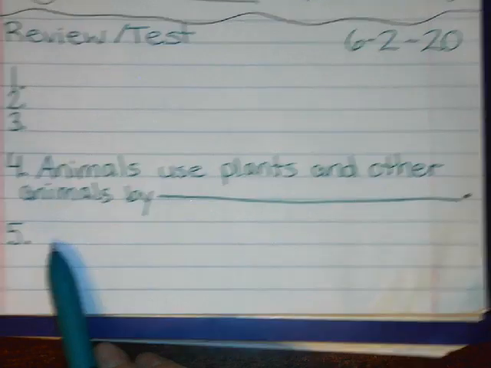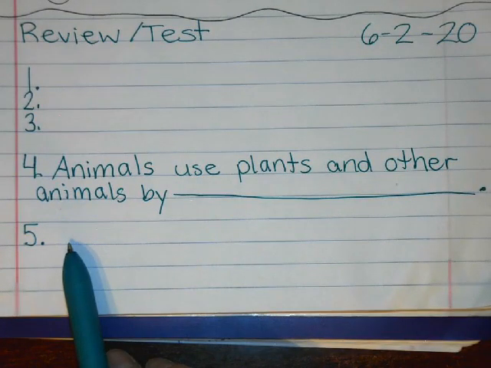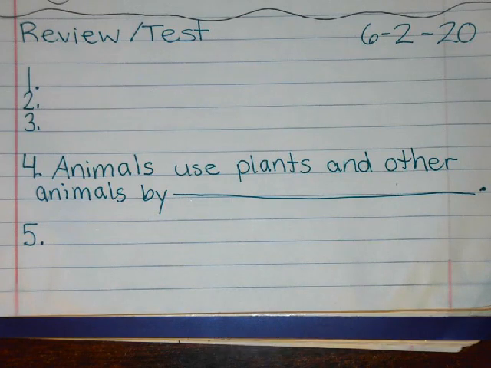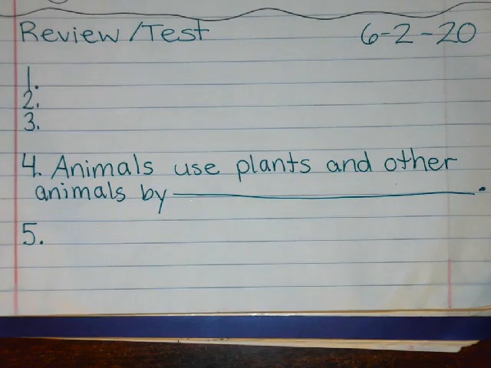You can put sharp, flat, or sharp and flat. Think about what kind of teeth you need to eat meat and to tear up the meat. Okay, number 6. I'm trying to determine if I need to turn the page or if I can squeeze it on the bottom of the page.